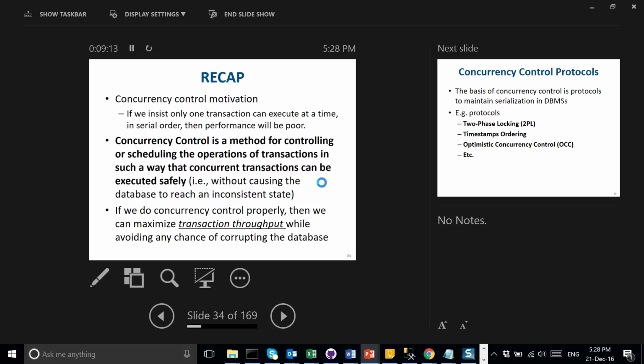T1 started doing an update to the employee table, increasing the salary to salary times 1.1, to increase it by 10%. And T2 came along, and while T1 is updating, let's say it's finished updating employees 1, 2, 3, and their salary, let's say, was 2,000, and now it is 2,200.